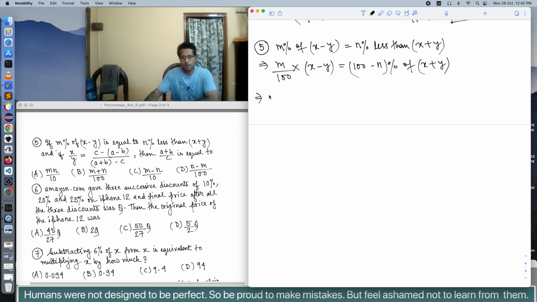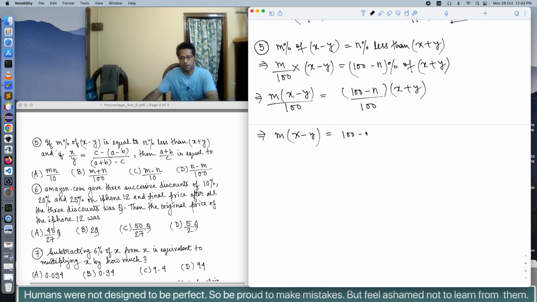This implies m into x minus y divided by 100 is equal to 100 minus n percent, meaning 100 minus n divided by 100, multiplied by x plus y. Now multiply both sides by 100 and you will get m into x minus y is equal to 100 minus n multiplied by x plus y. Now from this equation we will try to find x by y.